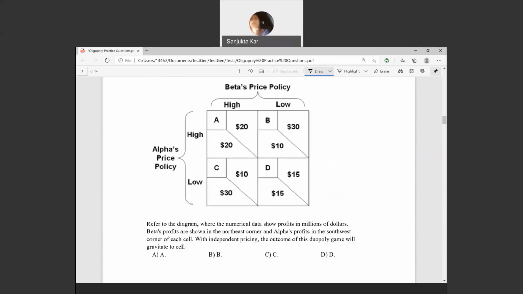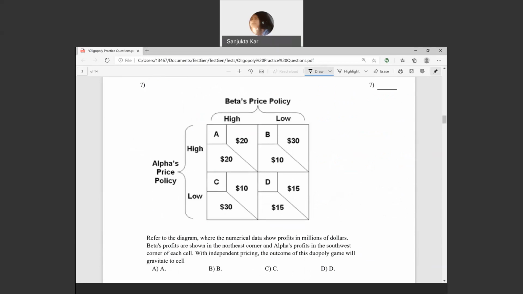Question number 7. They're asking us which cell the outcome of this duopoly game will gravitate to. Already, let me see here the answer to this question.